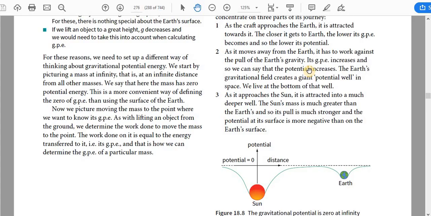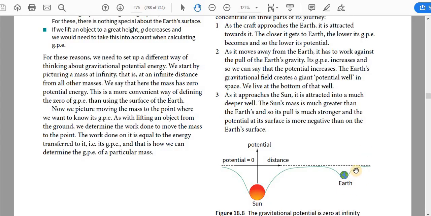Now when it is falling to the earth, the earth is doing work in bringing it down, in pulling it towards the earth. But when it is going away from the earth, it has to do work against that pull of the earth's gravitational field. Okay, so its GPE increases, and we can say that its potential increases. So you can see over here, when it's going away from the earth, its potential increases.